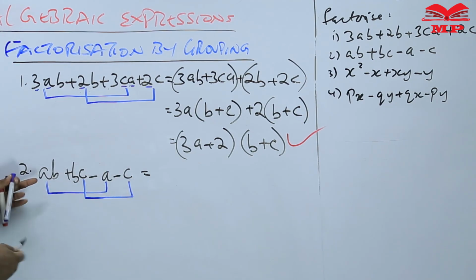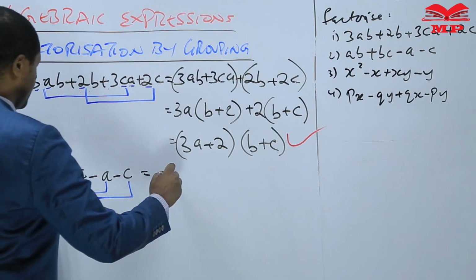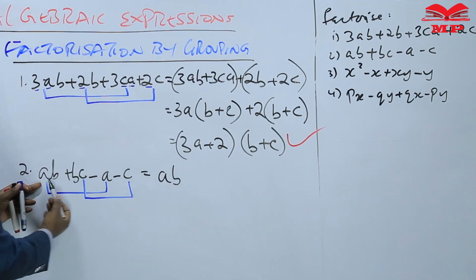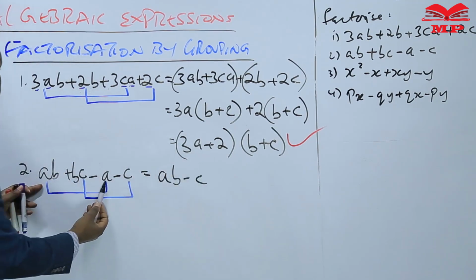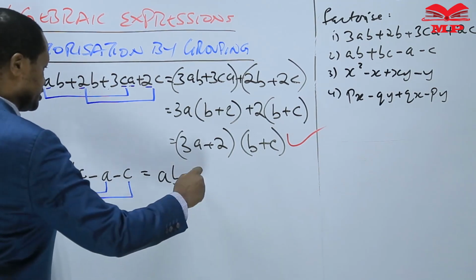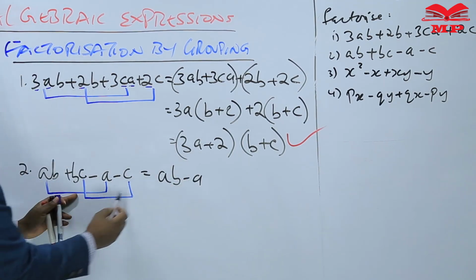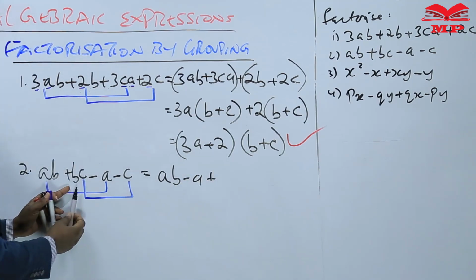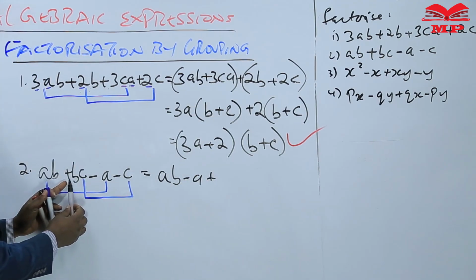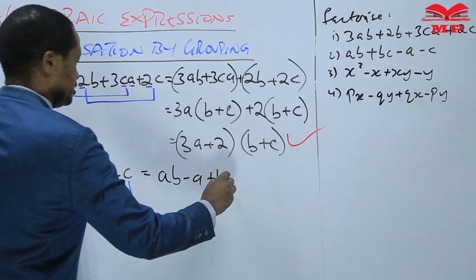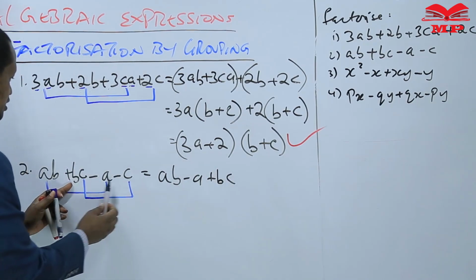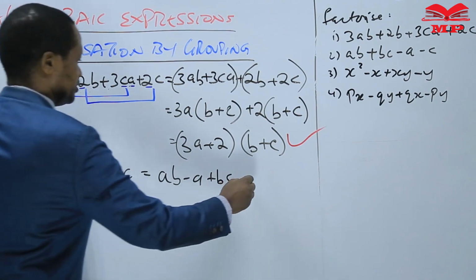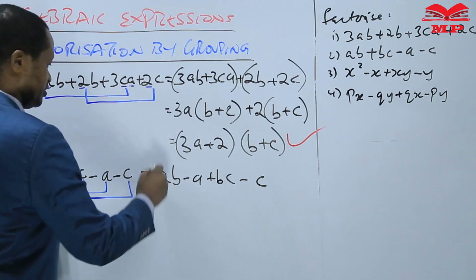So we'll have, grouping them first, ab minus a, then plus, remember the signs, we have to carry the signs, plus bc minus c.